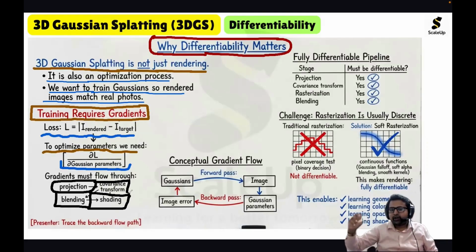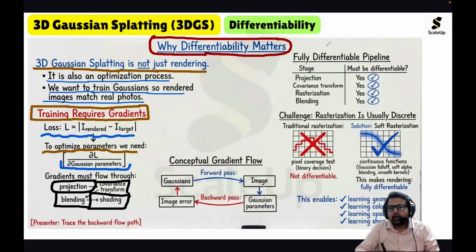Now I tweak the parameters, so I change the 3D Gaussian a bit. Because of that, projection will get affected, covariance transform will get affected, blending will get affected, shading will get affected, and the rendered image will get affected. We have to keep on affecting it until it looks very similar to the real image, until the loss is minimized. That's the idea.